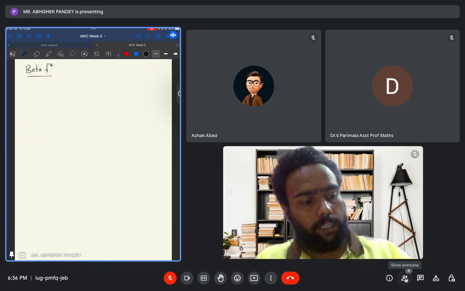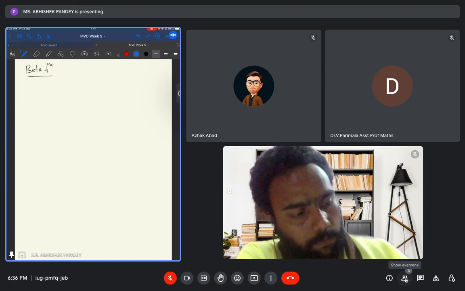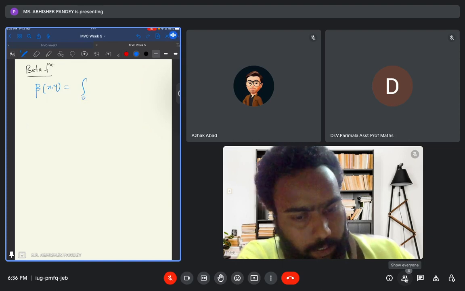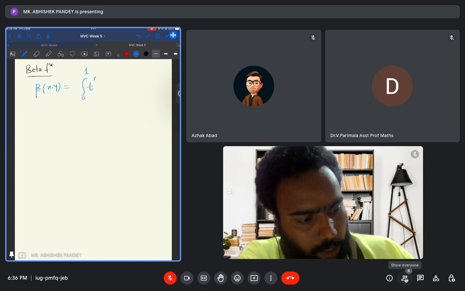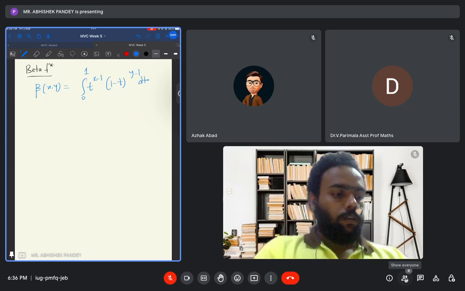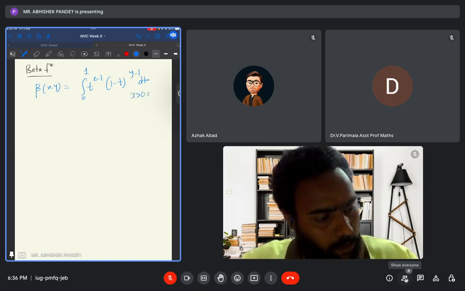Let us see the beta function, because sometimes the integral will come in these forms only. Beta of x comma y is defined as the integral from 0 to 1 of t to the power x minus 1 times 1 minus t to the power y minus 1 dt, where x is positive and y is positive.